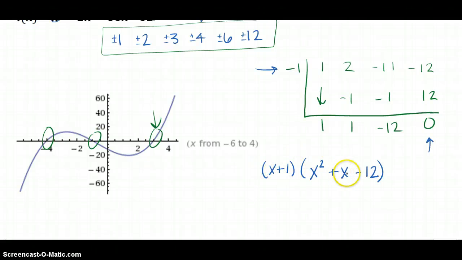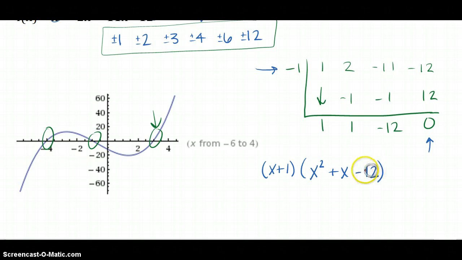So we have our factor of x plus 1. We need to continue factoring this. There's a couple different ways you can do that. You can choose another possible zero, either negative 4 or 3, and divide it into this x squared. But it's a quadratic. Double check to see if it factors, because it probably does.